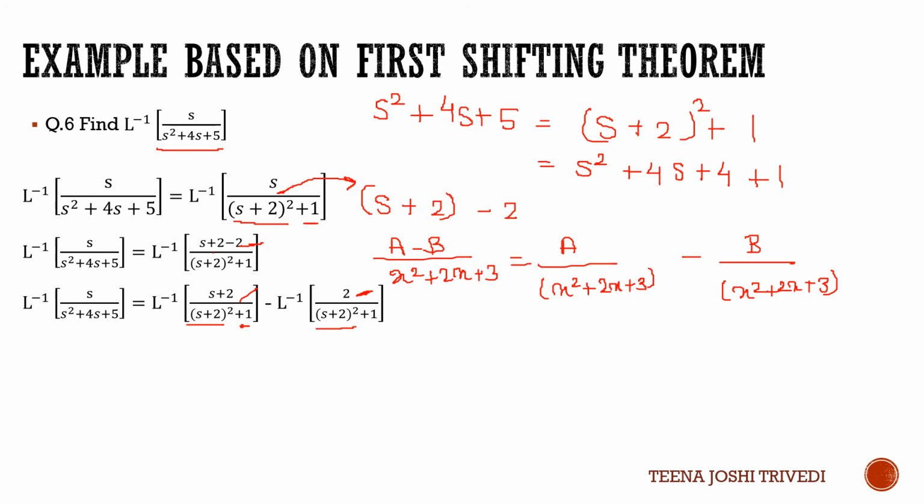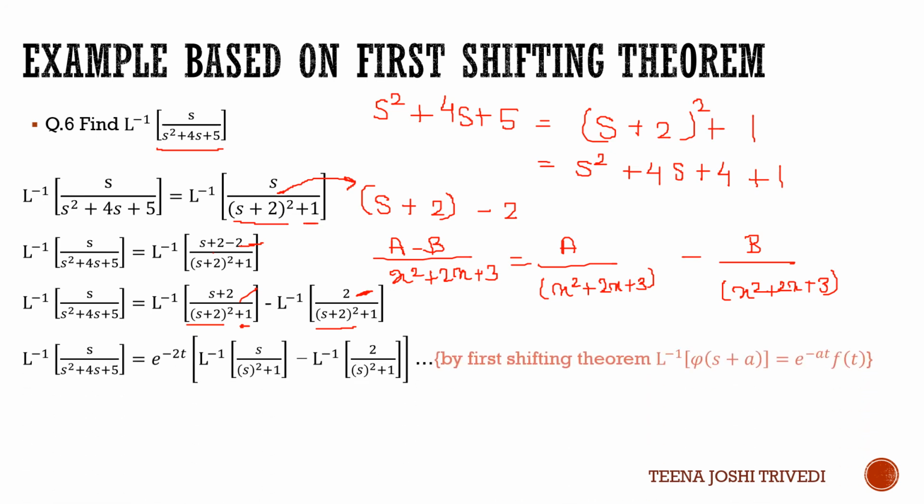Now we can apply the first shifting theorem: e raised to power minus 2t, and here we have the Laplace inverse of s upon s square plus 1 minus 2 upon s square plus 1. Phi of s plus a will become e raised to power minus at, phi of s first of all, and the Laplace inverse of phi of s, and then we apply Laplace inverse, so we get the first shifting theorem.